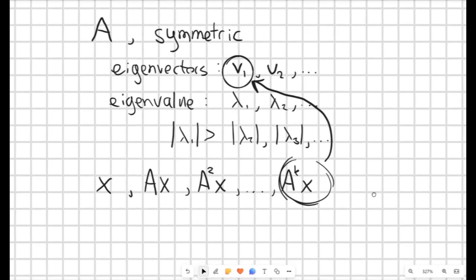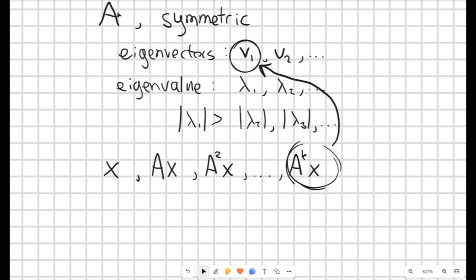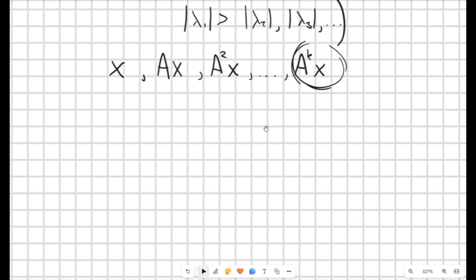One key thing to note before we go into the proof is that by assuming that A is symmetric, we've got orthogonal eigenvectors. So that means that if you have one of the eigenvectors, let's say vi transposed multiplied by a different eigenvector vj, this is equal to 0 for i not equal to j, whereas if you have the dot product between the same eigenvector, so i and i in this case, then you'll get something that's non-zero.